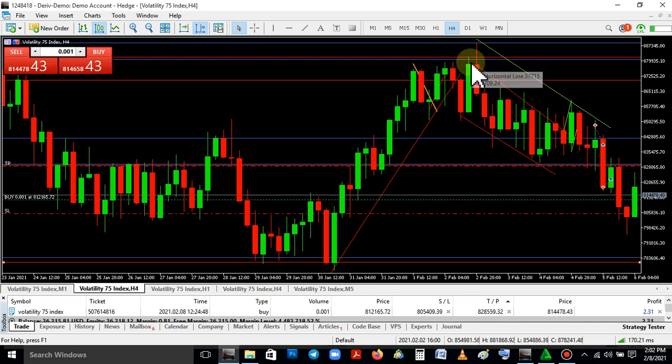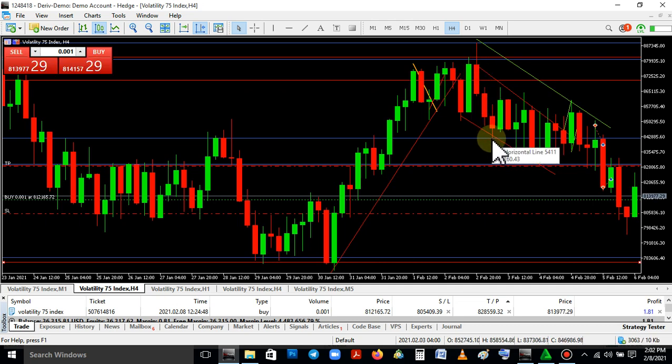Then it sold off, went back here again and kissed, and then boom, down we went. It came down and retested and started playing around this support here, until it made a nice touch here.